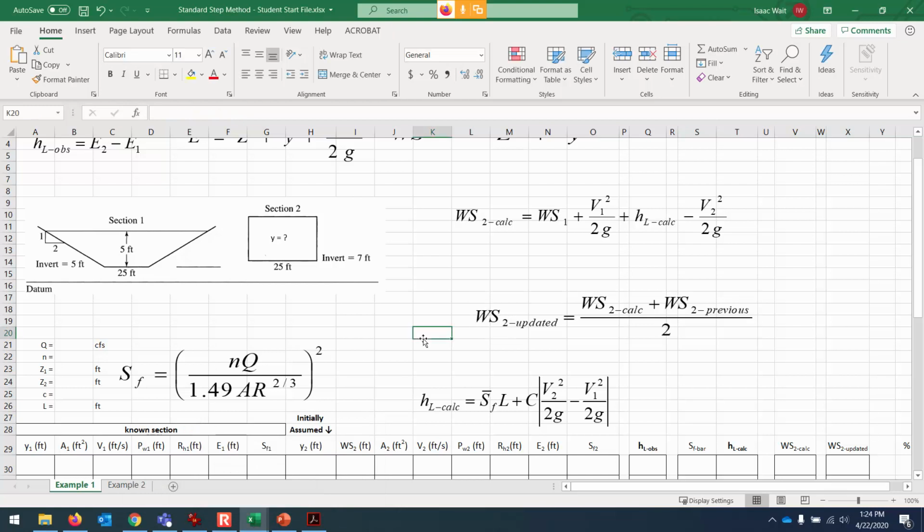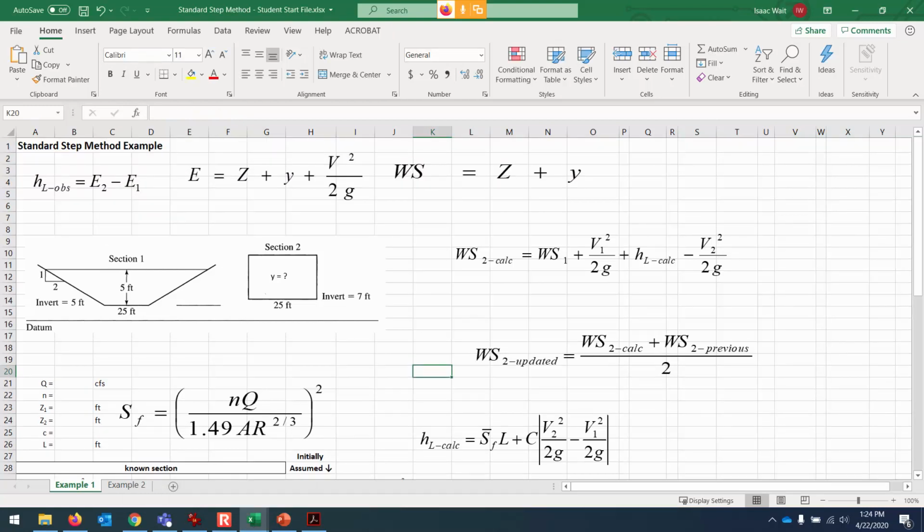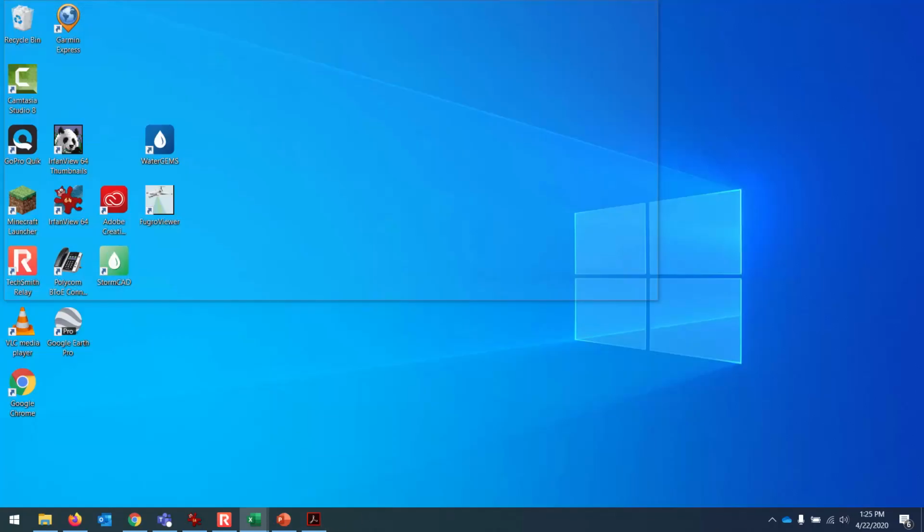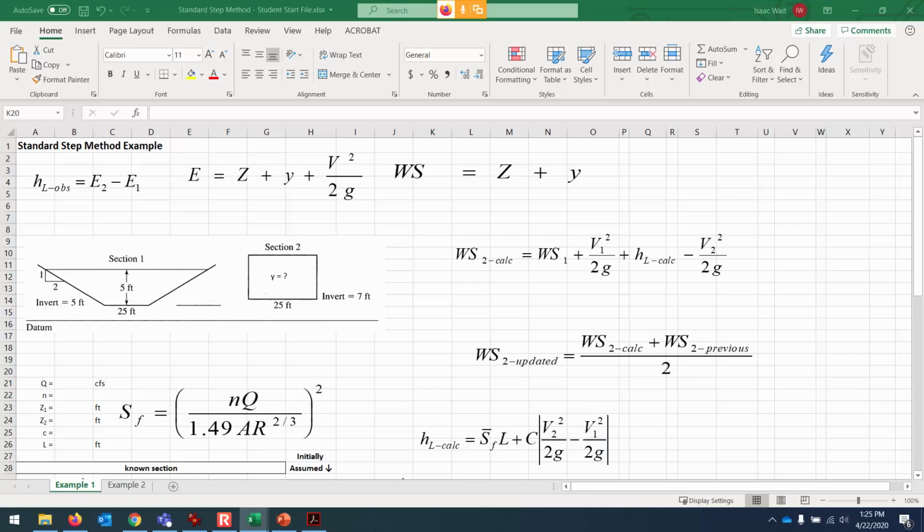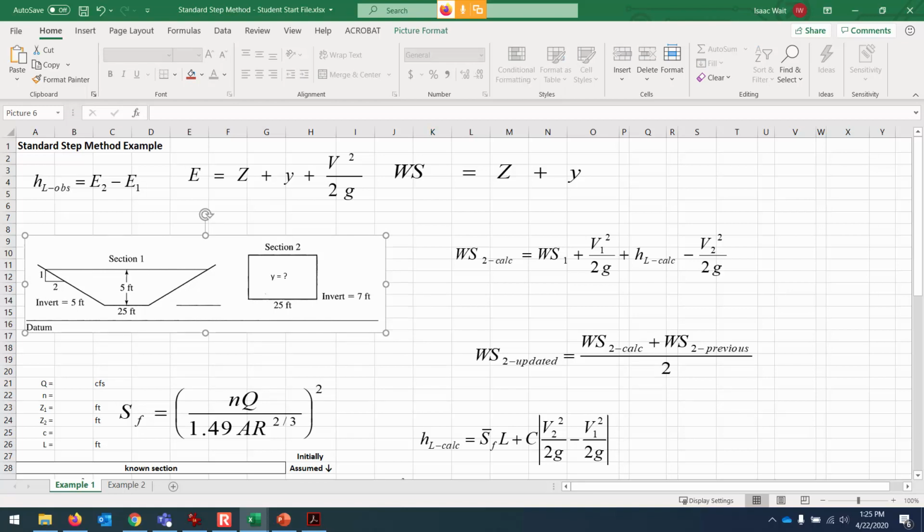Here's the template file that I sent to you. If you have that handy, please open it up. Okay, so you can see that I've pasted the little sketch that shows the channel characteristics downstream and upstream.